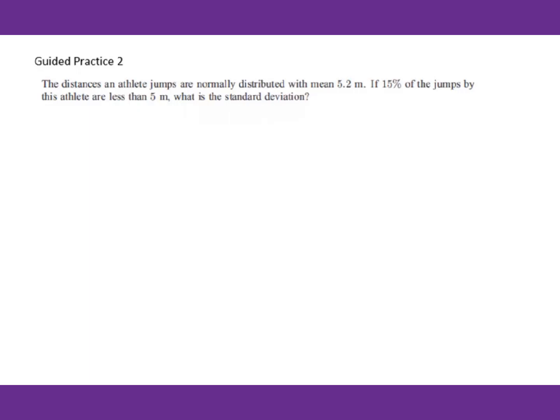The distance an athlete jumps is normally distributed with the mean 5.2. If 15% of jumps by this athlete are less than 5 meters, what's the standard deviation? According to this given information, we know the probability x less than 5 equals 0.15.